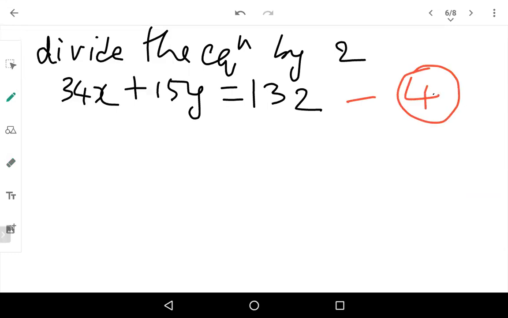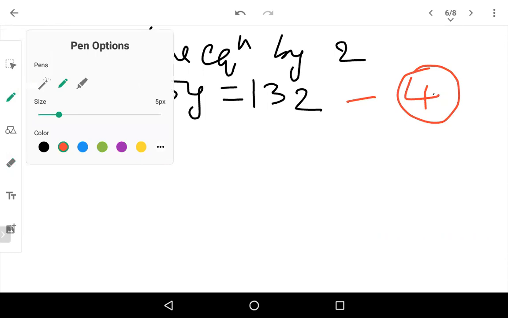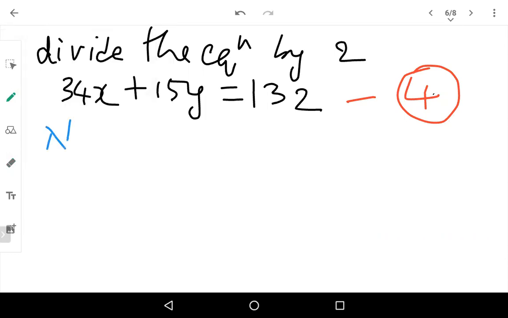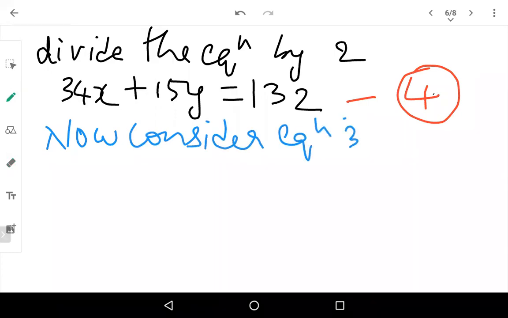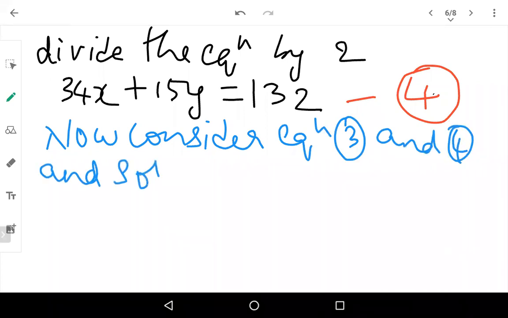Fine. So we got equation number 4 and 5. Now you are supposed to solve. Now consider equation 3 and 4 and solve them simultaneously.